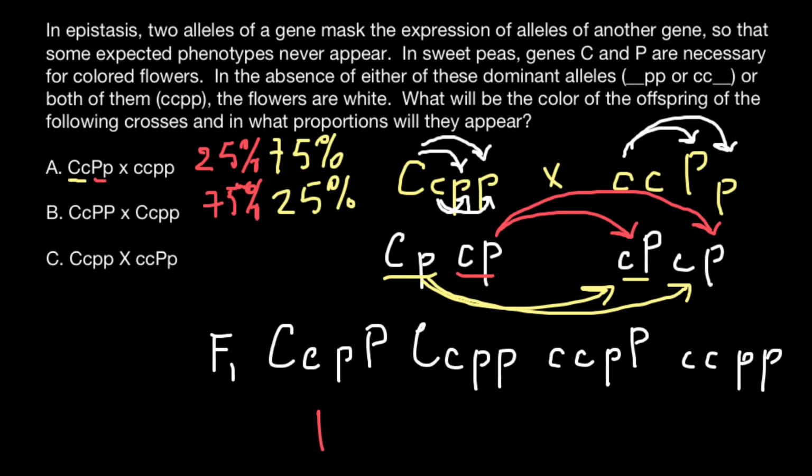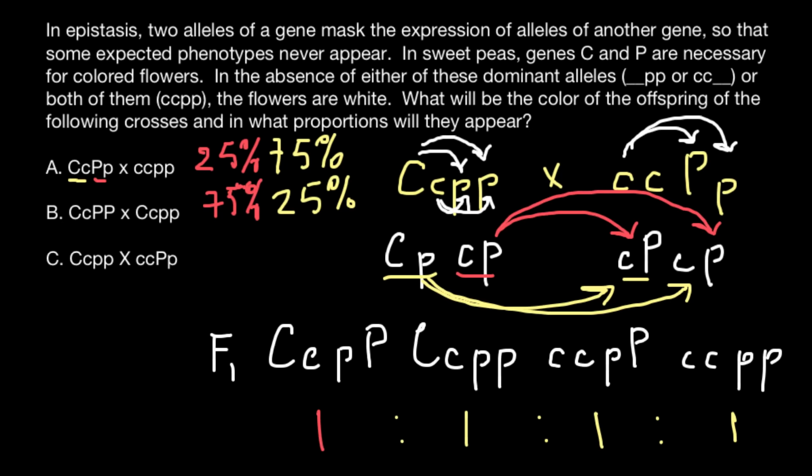The second wouldn't be able to produce color because the second allelic pair doesn't have the dominant allele P, and here the third variant we would have also a non-colored plant because this genotype doesn't have the dominant allele C in the first allelic pair, and here also we would have a genotype that is not going to be able to produce colored plants.